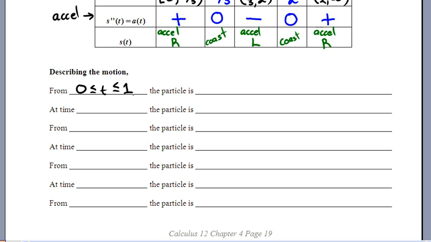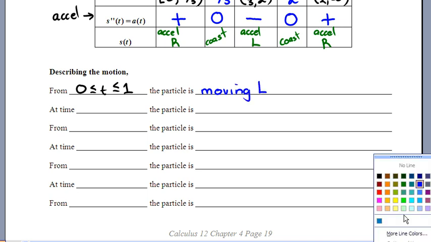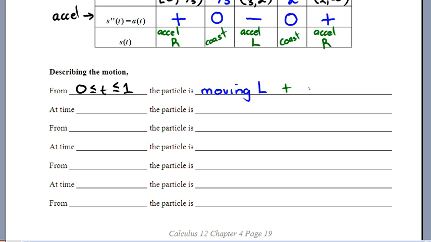In that time, both the s prime, the velocity, and the s double prime are doing one thing. And you could say, okay, the particle is moving left, but it's accelerating to the right. So we're going backwards, but accelerating forwards.